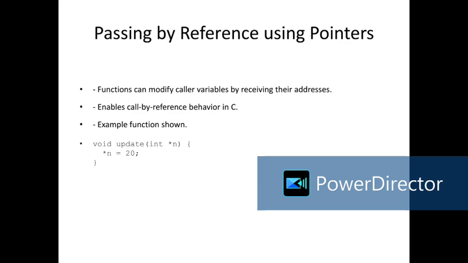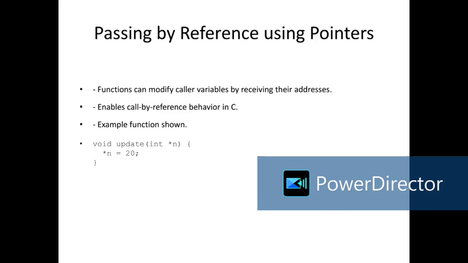Passing by reference using pointers. In C, we don't have native pass by reference like C++, but we can simulate it using pointers. Why is this important? Because if you pass a variable directly to a function, we are passing a copy, and the function cannot modify the original variable. But if you pass the address, a pointer, the function can modify the actual variable.